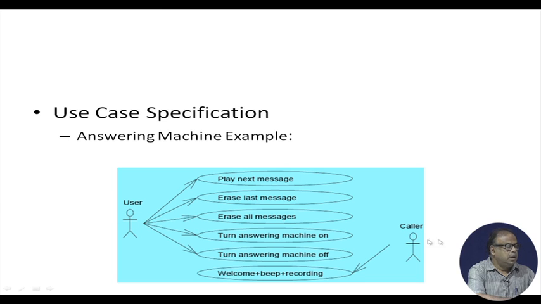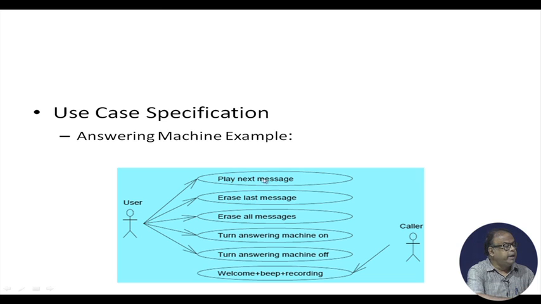The caller calls, and for the caller the answering machine will provide some welcome message, then some beep, and then the recording facility. So, these are the functions that the caller will get. What are the functions that the owner or the user will get?